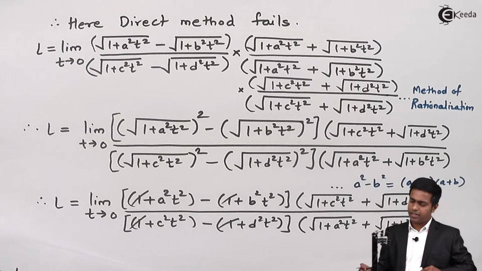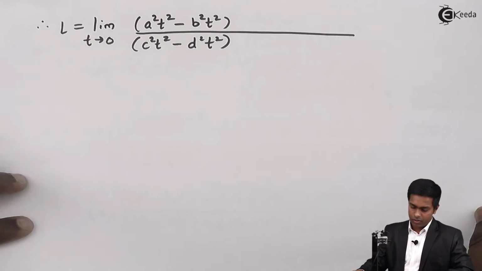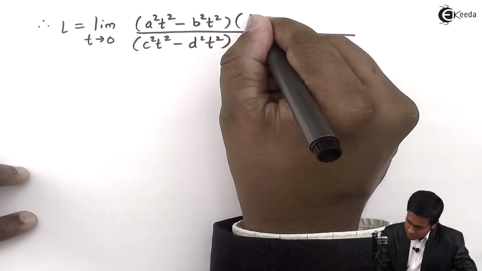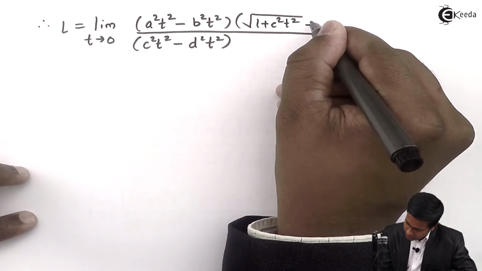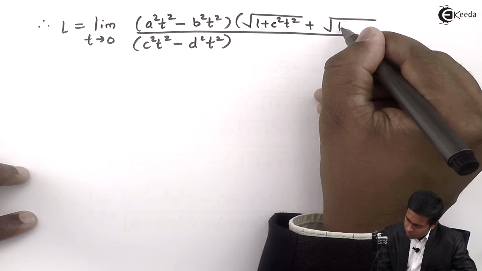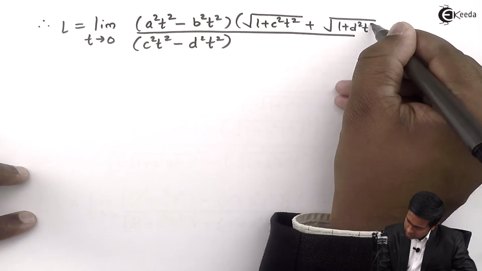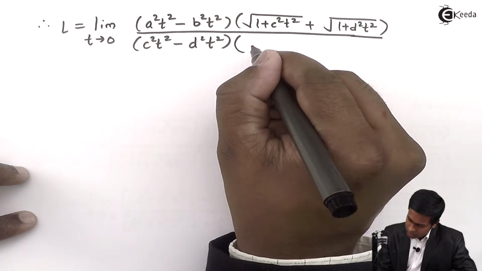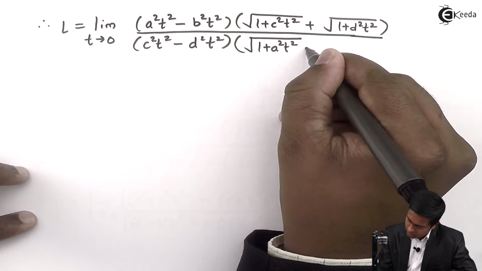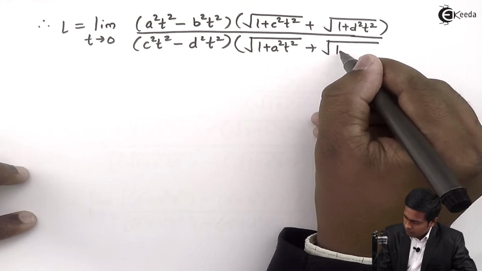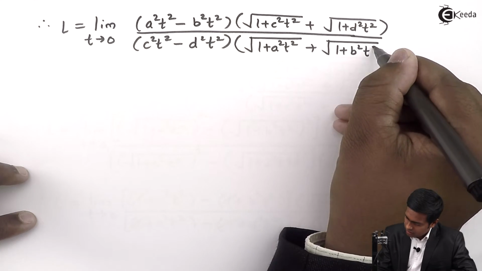These two terms as it is. So the terms are square root of 1 plus c square t square plus square root of 1 plus d square t square. Similarly here we will get square root of 1 plus a square t square plus square root of 1 plus b square t square.